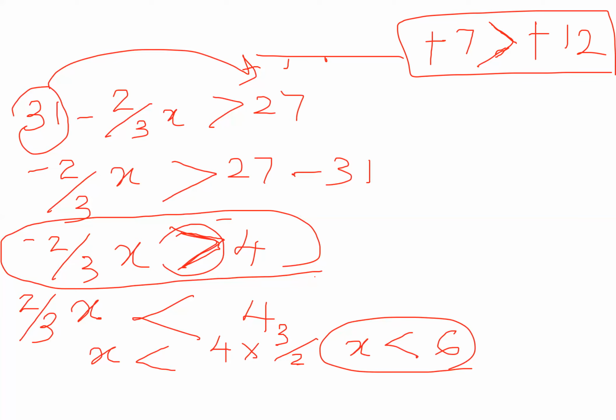But now you can check plus 7 and plus 12. Then which one is greater? Now 12 is greater. Therefore, you should convert this sign this way. We apply it here also. Okay, and it is okay now.